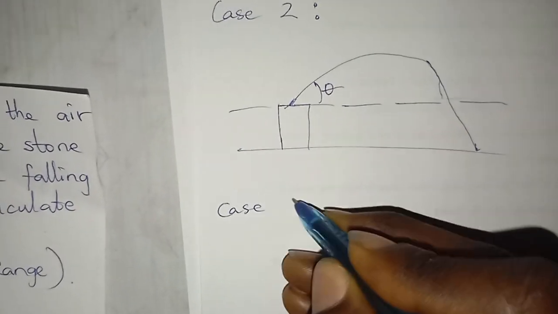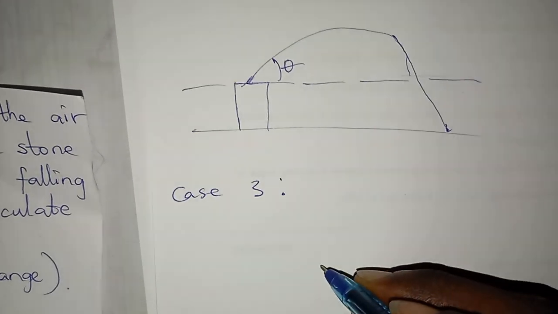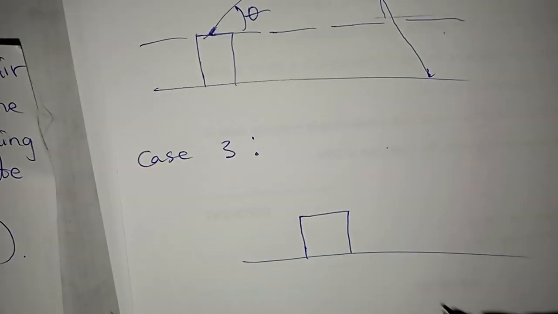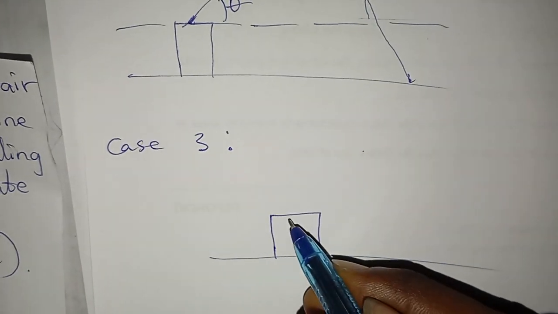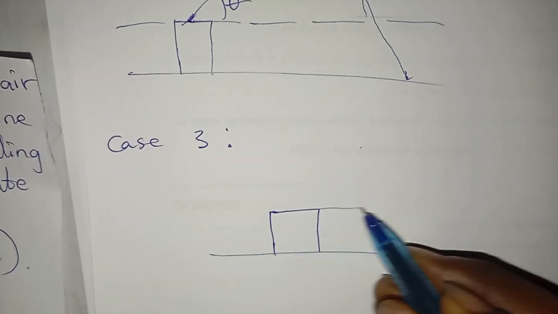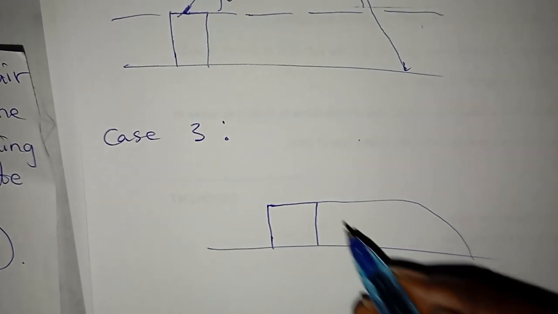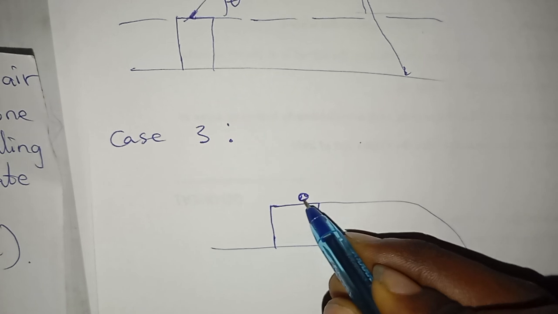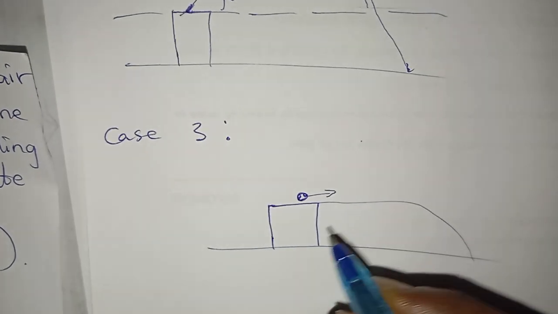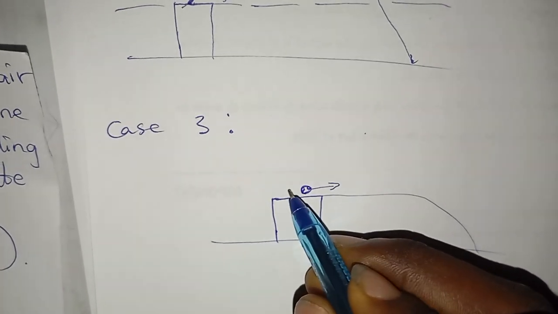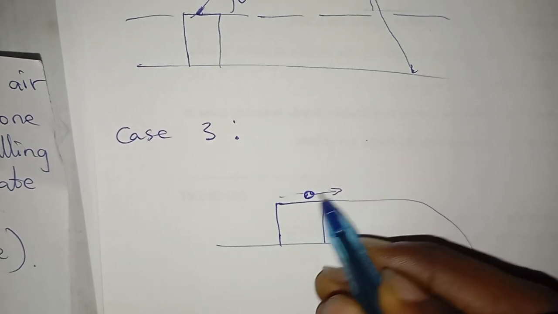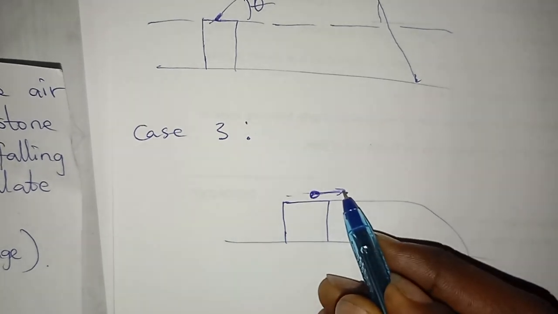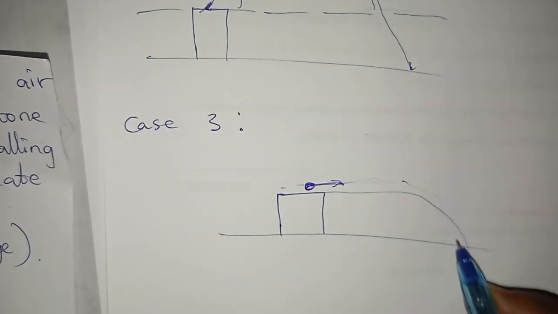Then case 3 is when a body is projected at height above the ground, but this time it's projected horizontally before falling. If you put a ball here and kick it horizontally, or a man is flying in a helicopter and he throws a bomb with his hand horizontally, as it moves, at a point it will make a curve.